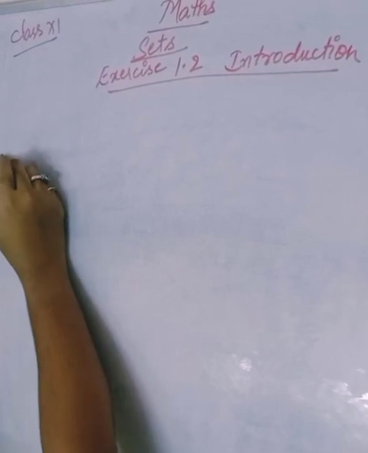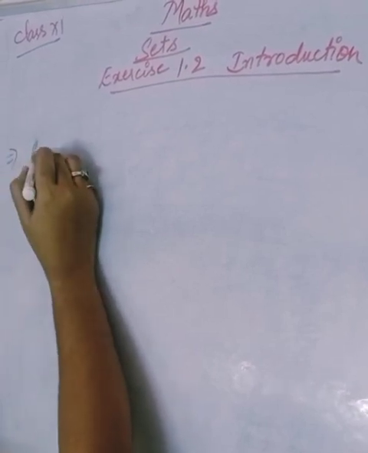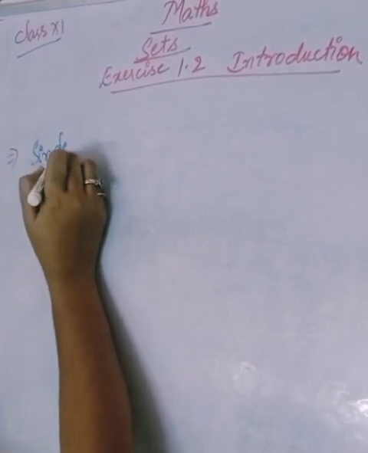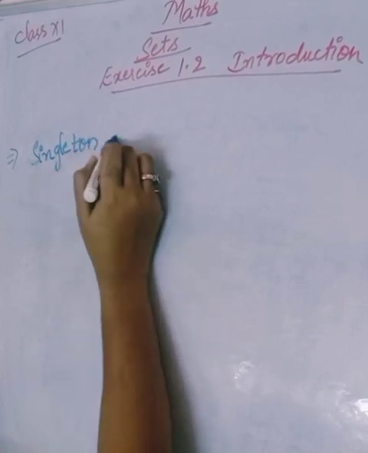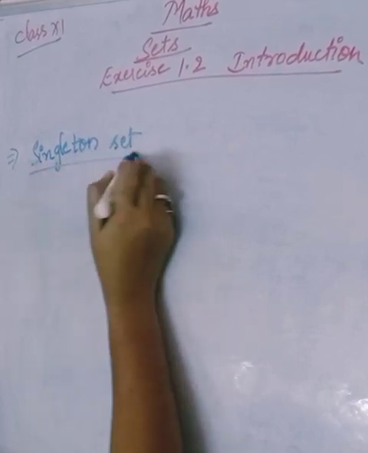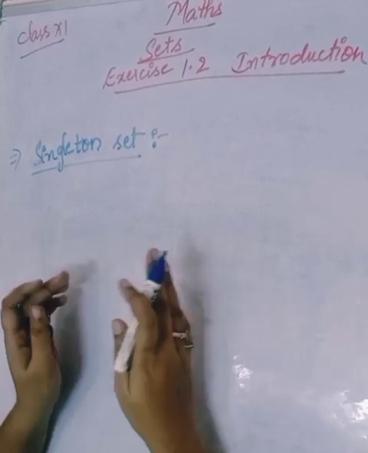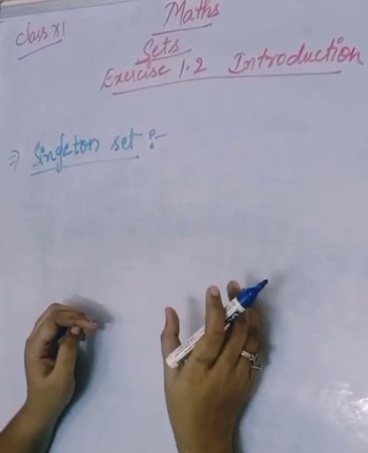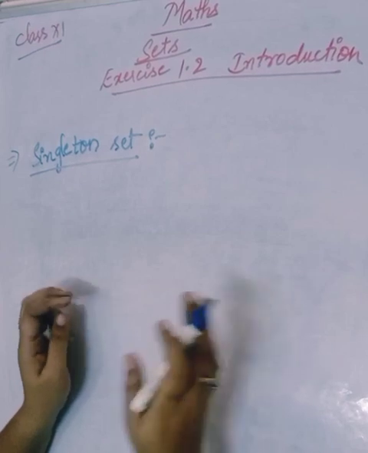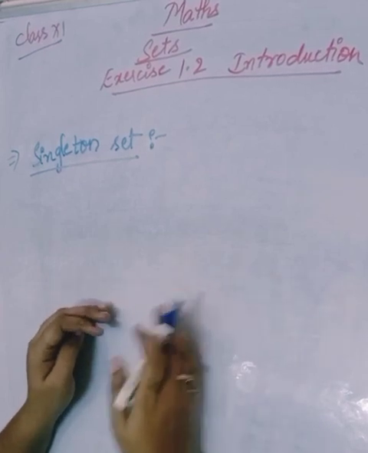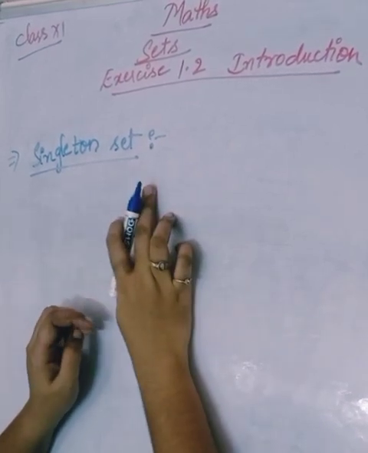Okay, the next definition we have is the singleton set. In a singleton set we are getting only one number, otherwise one alphabet. That means only one thing is existing. So that's what we call a singleton set.